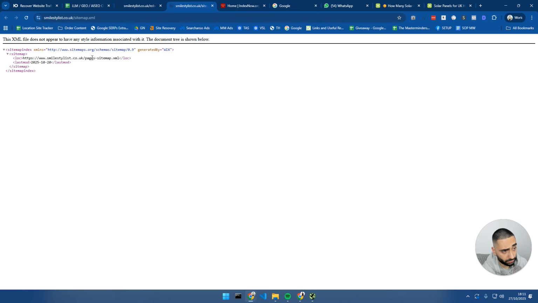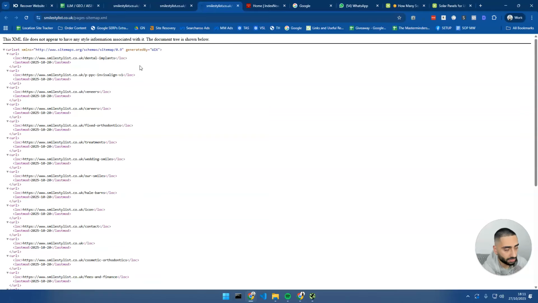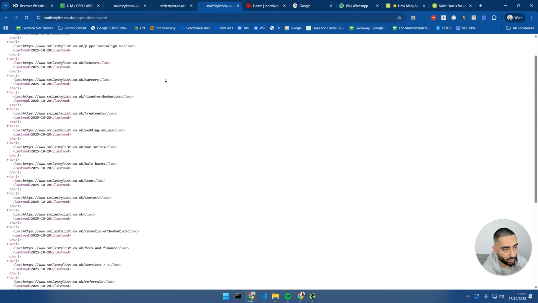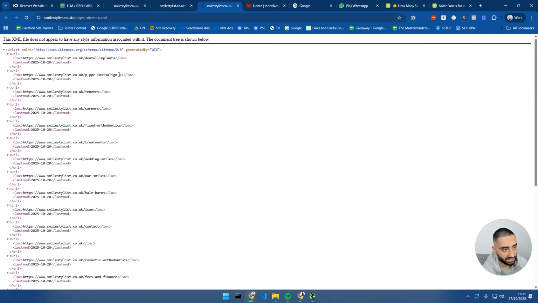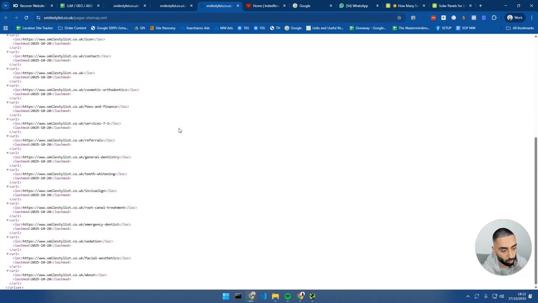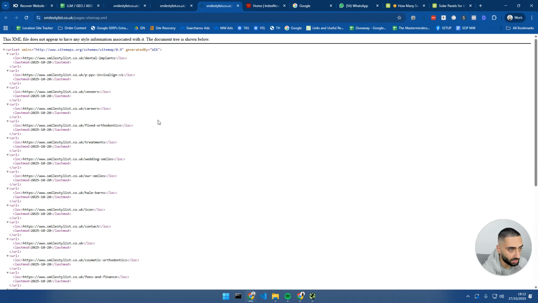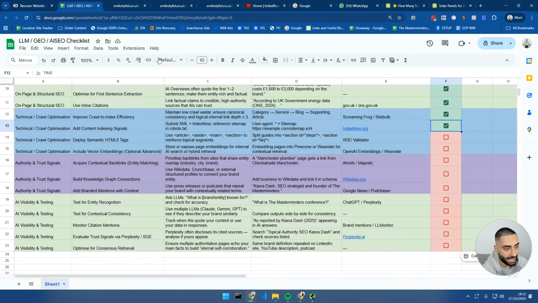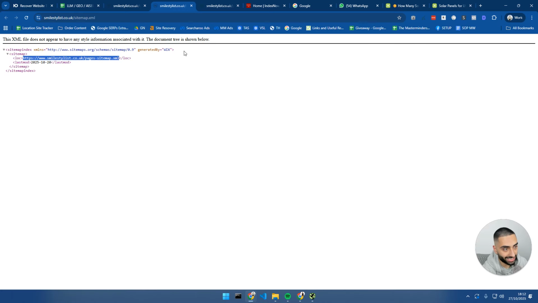Now, for whatever reason, actually, sorry, there we go, pages. As you can see, this is where all of our pages basically stay. So that's one of the first things that all the AI bots, LLMs and so on are going to crawl. If your sitemap.xml isn't accessible, that's when you're going to cause a lot of issues.